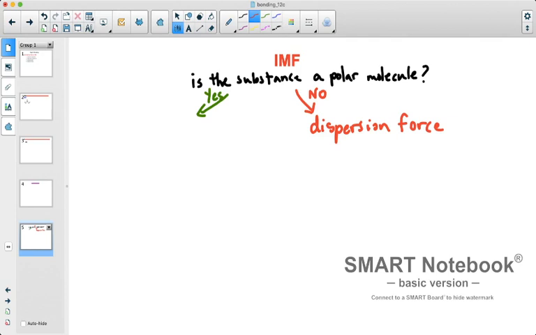Now, since I have three more intermolecular forces that I have to distinguish or differentiate, I need to ask another question. So my next question, I'm going to write down, is, is the polar molecule dissolving an ionic salt?